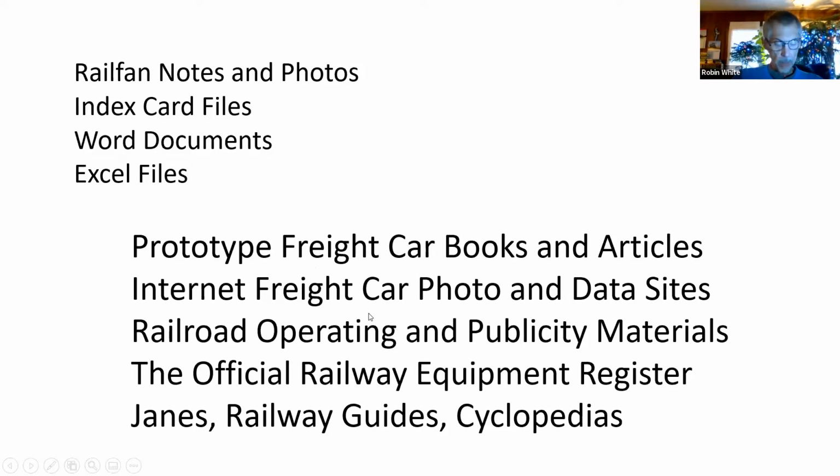And then the internet is the other big bonus nowadays. There's a fellow who went by the nickname Sam, and he has a website, hosam.com. He's passed away, but they keep that up, and it's full of freight car prototype details for modelers.